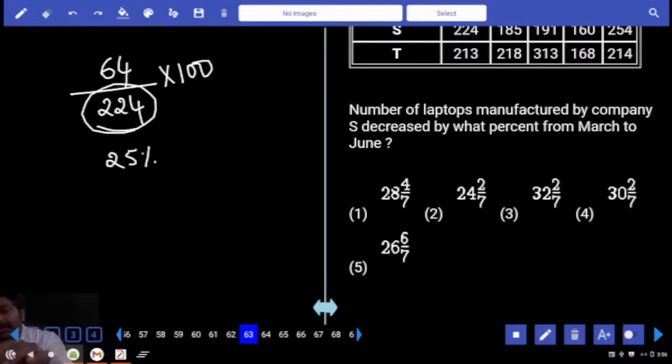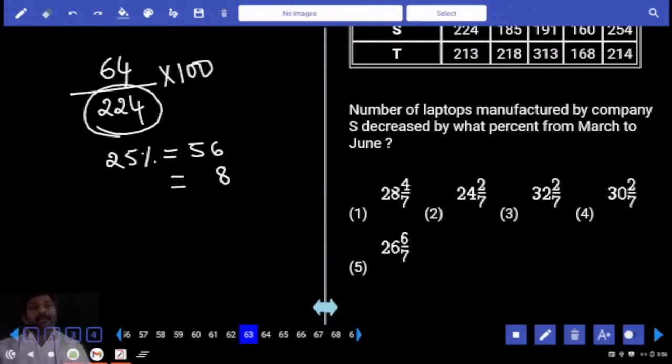1/4 is 50. How much more you need to add? 8 more you need to add, correct? What is 1%? 2, approximately 2.25. 2.25 double is 4.5, 4.5 double is 9.